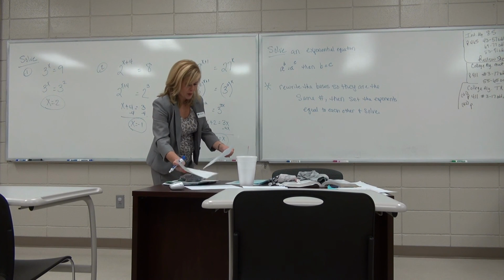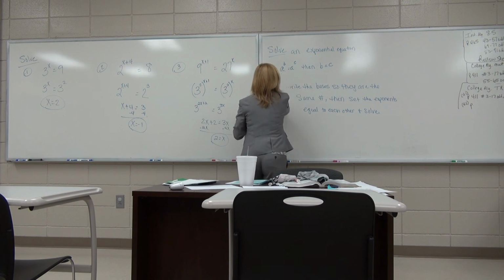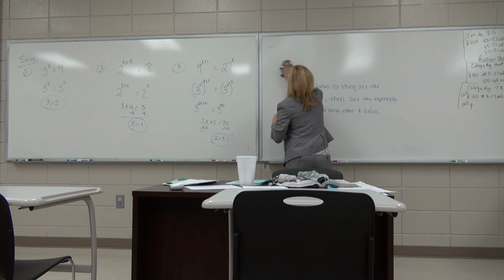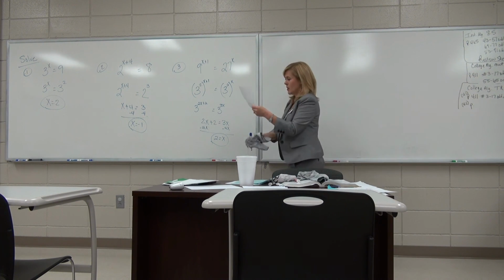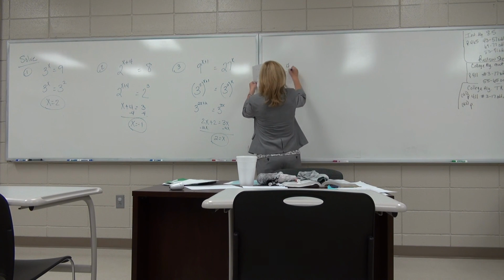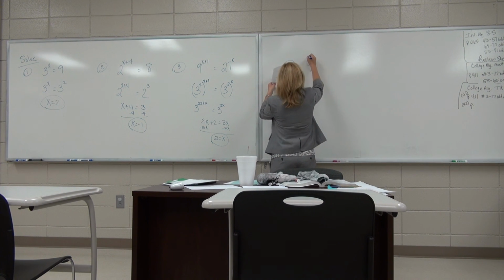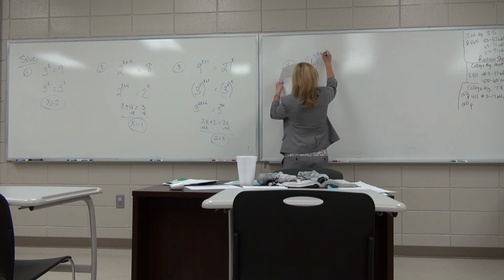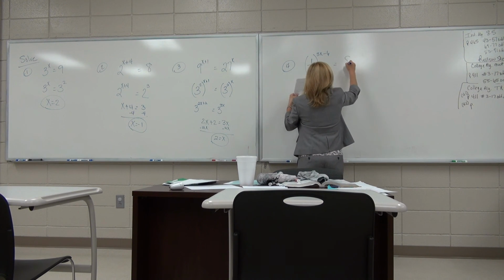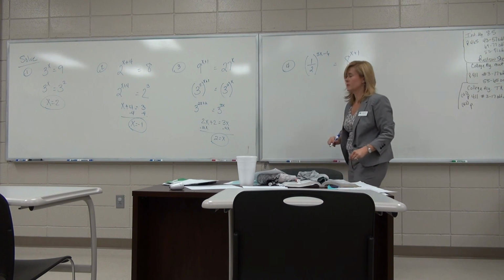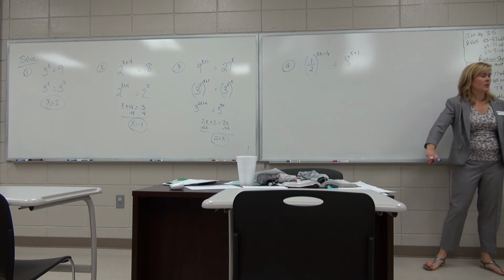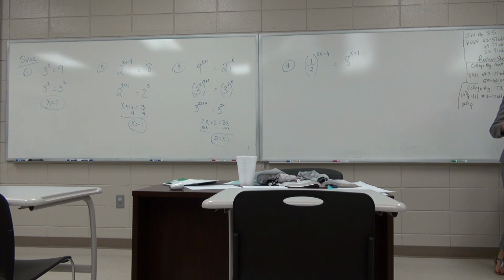Let's look at one more here where you got some fractions. Number 4. We have 1/2 to the 3x minus 6 power is equal to 8 to the x plus 1. Anytime you see a fraction, rewrite it with a negative exponent.